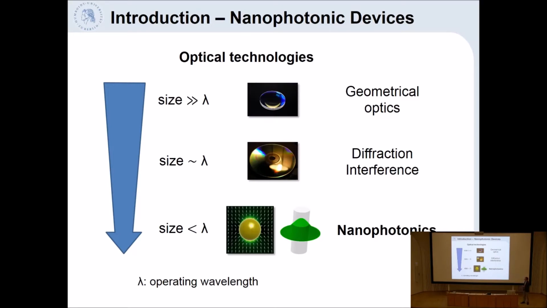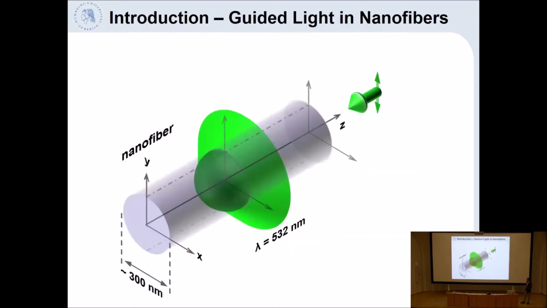If we consider now, as an example for a nanophotonic structure, the guided mode in such an optical nanofiber, so we are dealing with a silica waveguide with a diameter of about 300 nanometers, and we're dealing with green light at a wavelength of 532 nanometers, then the polarization properties of these modes are of course described by Maxwell's equations.